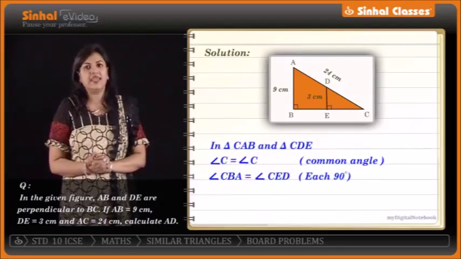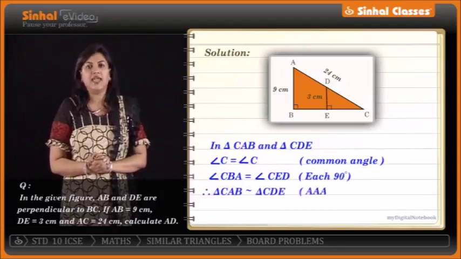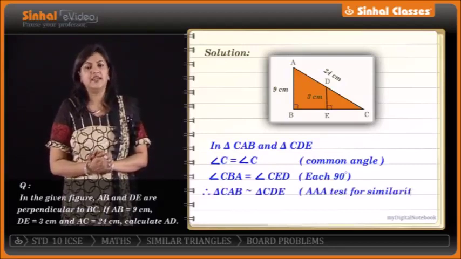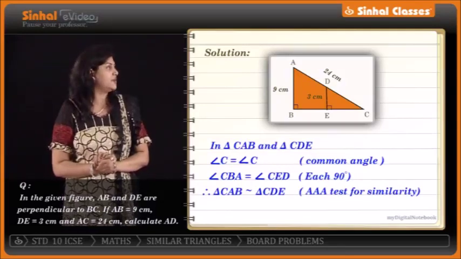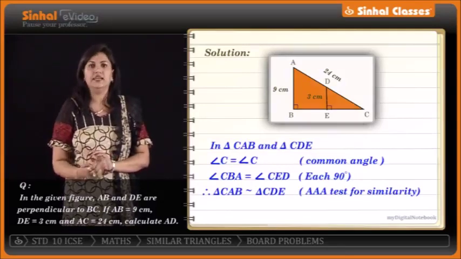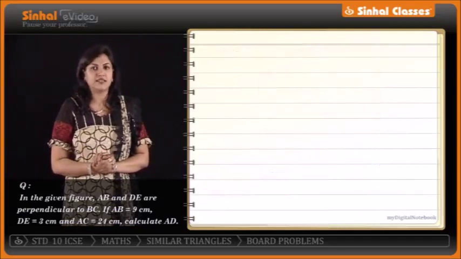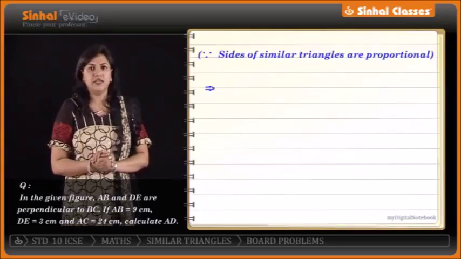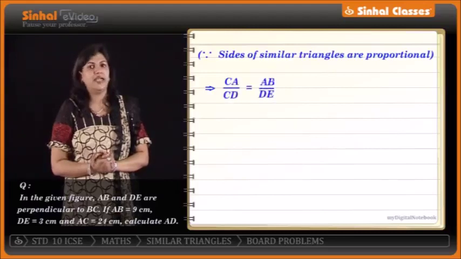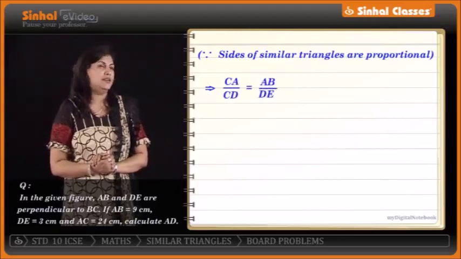So we can say these two triangles are similar by AAA test of similarity. That is, triangle CAB similar to triangle CDE. Now their corresponding sides will be proportional. That is, CA upon CD is equal to AB upon DE.